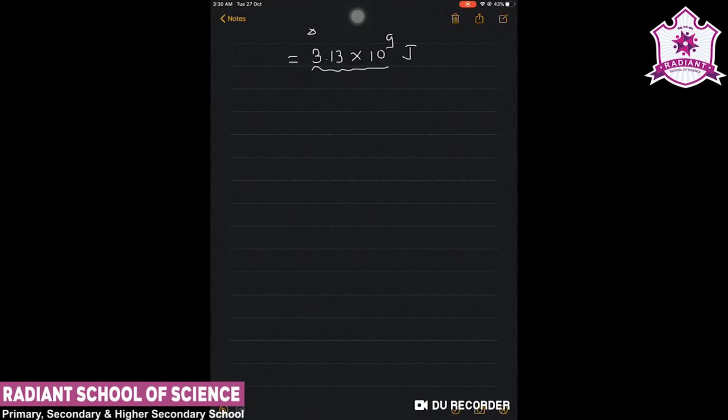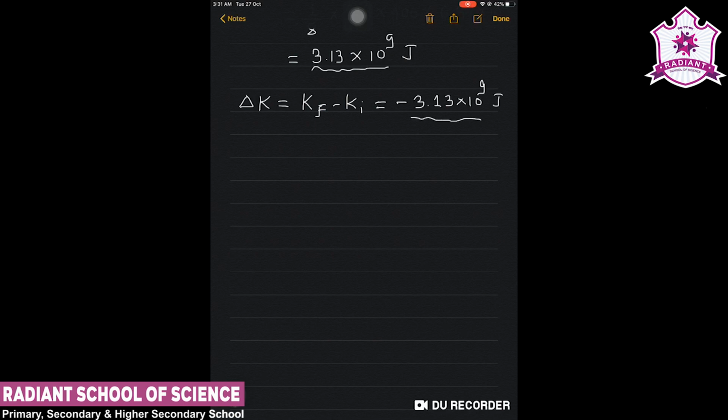Now we know that the change in kinetic energy is just the mirror of delta E. So delta K, that is Kf minus Ki, would be exactly the same but with the minus sign of the total energy that we have obtained, that is minus 3.13 into 10 raised to 9 joule.